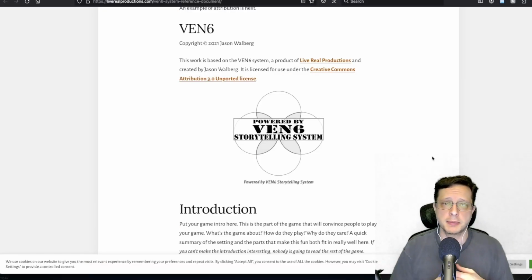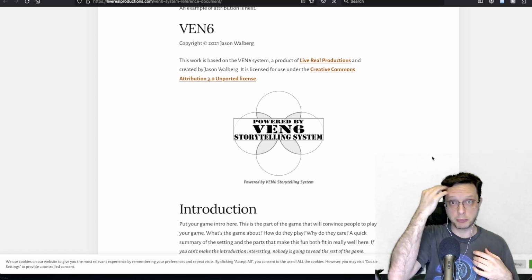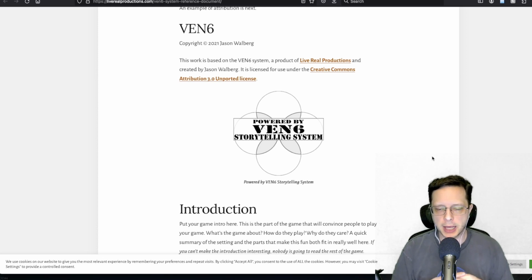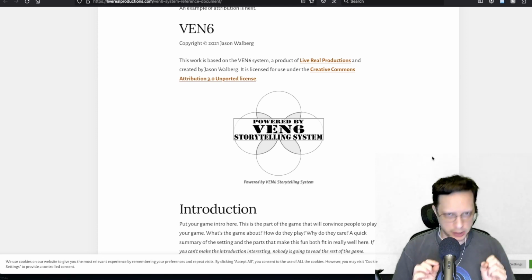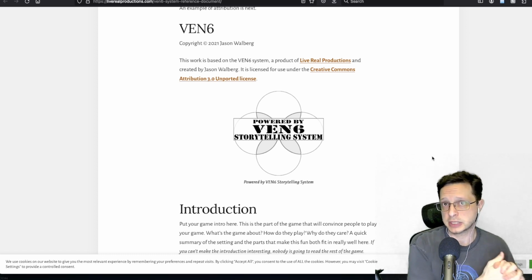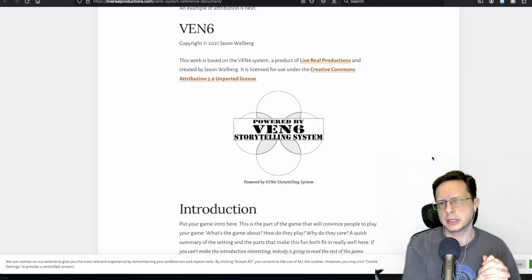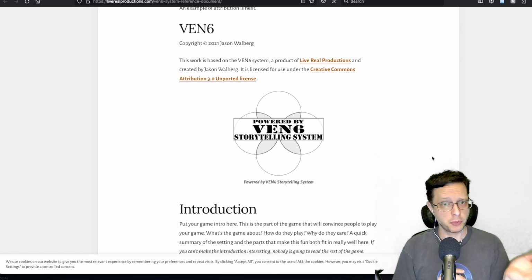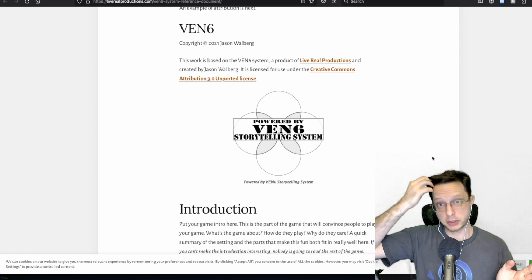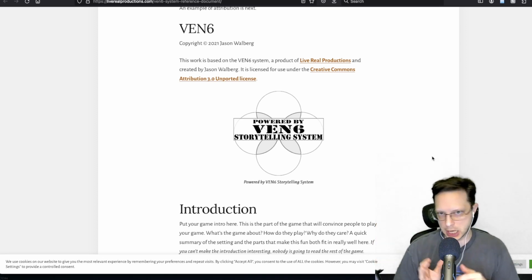This is a Creative Commons Attribution 3.0 Unported license. Now, the unported might throw some people off a little bit, as might the 3.0 part, because obviously a lot of the other things we've discussed on this channel have been 4.0 International. Basically, there isn't that much of a difference, because unported and international essentially mean the same thing in this context.